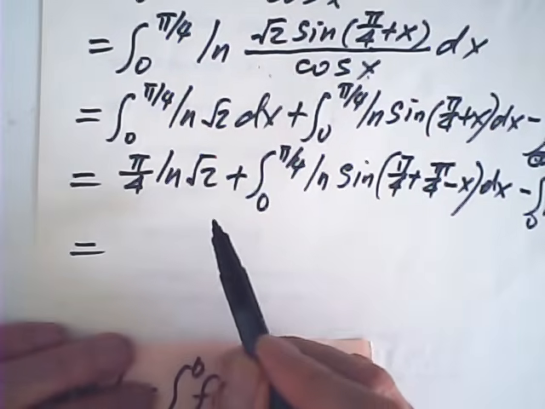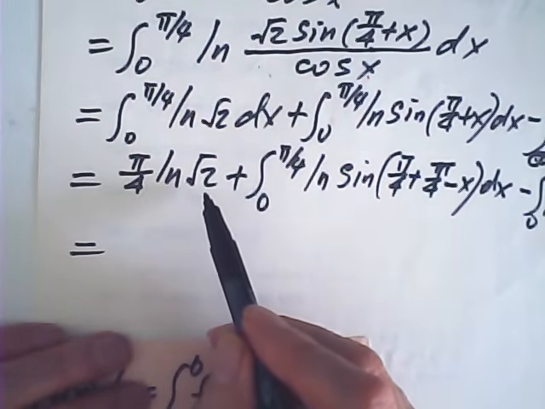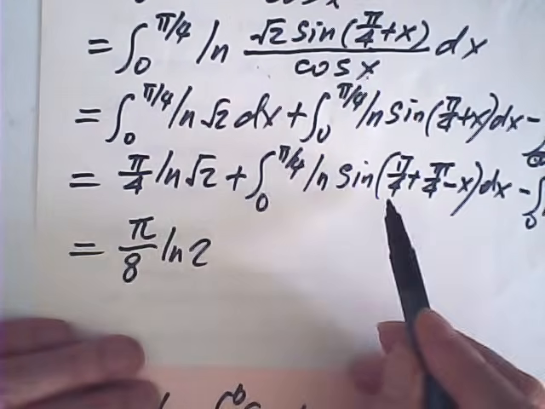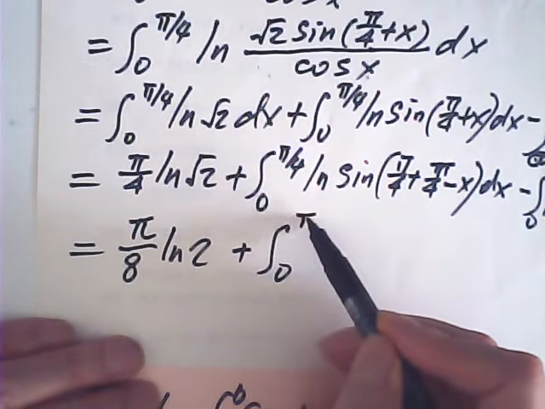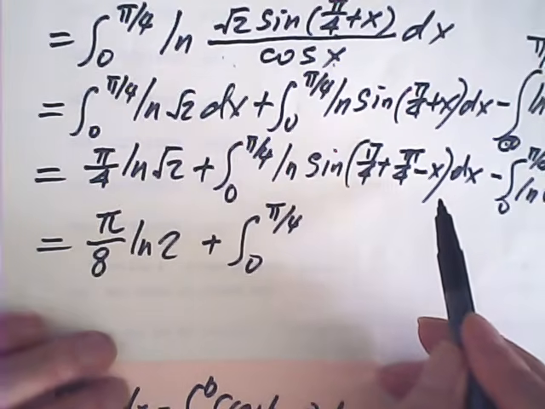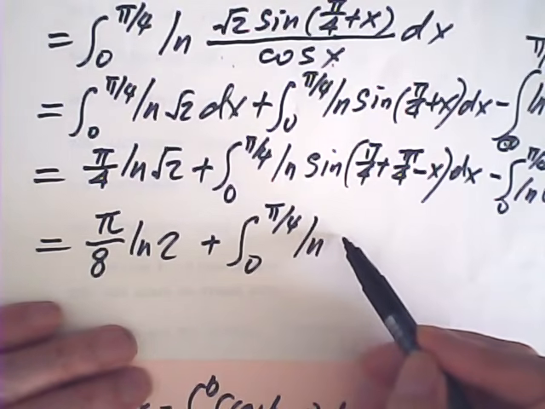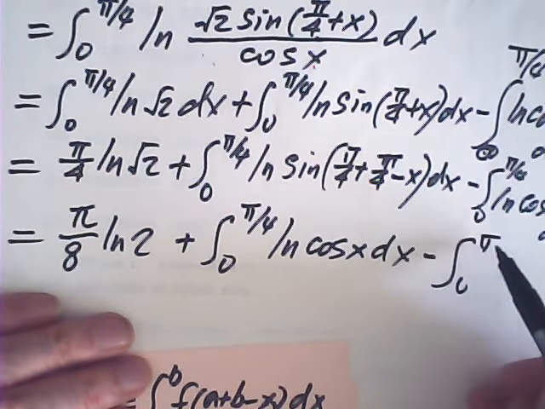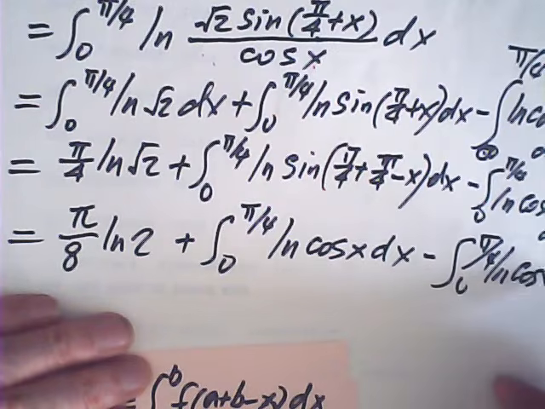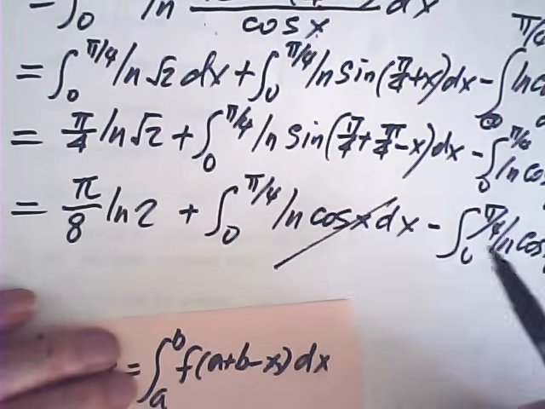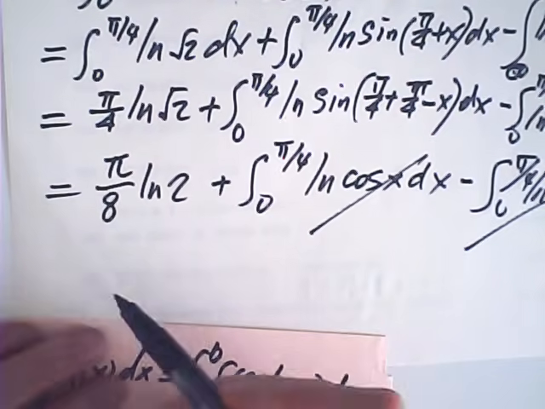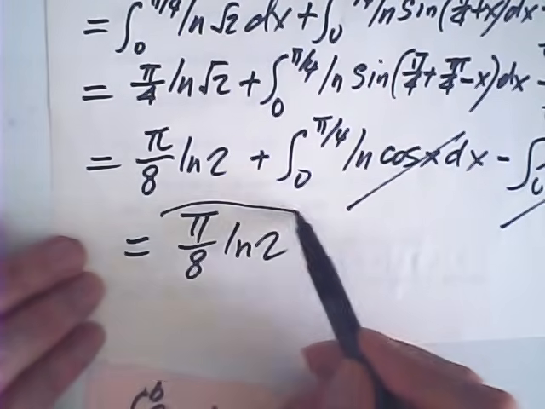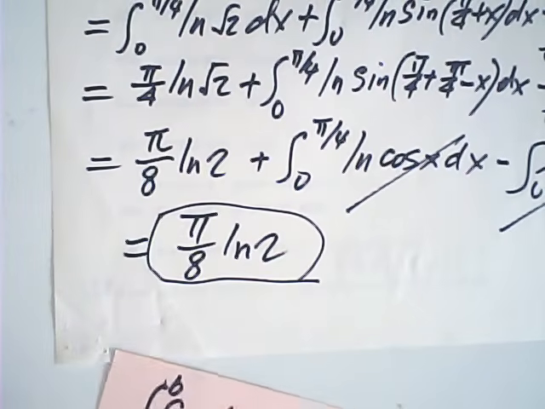Log root 2 is a half log 2, so the first is pi over 8 log 2. And this one: half pi minus x gives cosine, so the log cosine x dx minus log cosine x dx cancel, plus and minus. So this is equal to pi over 8 log 2. That is the second method.